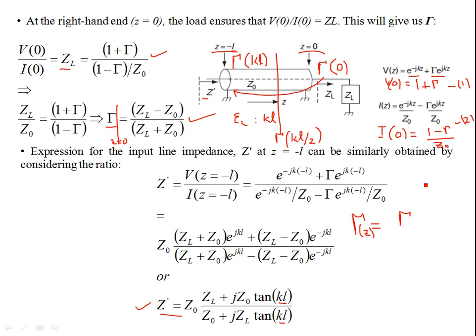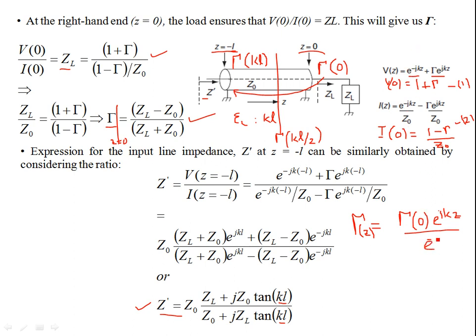This gamma is gamma of 0. So I'm going to write this as gamma 0. This is at Z equal to 0. Then we have e to the power JKZ. That's my reflected part of the voltage waveform, divided by the incident part, that is e to the power minus JKZ.